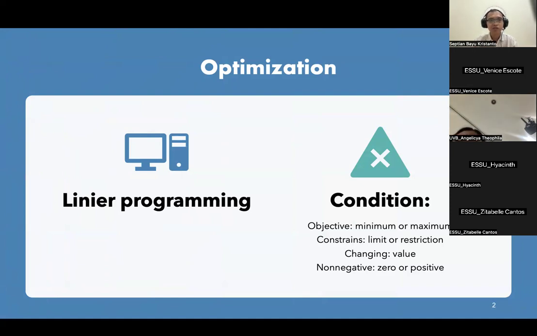So when you do the optimizations, please ensure that you have the statistical models in linear programming. But be careful, we have limitations in creating the objects, or the formula of our statistical model will need to be suitable for our exercise.